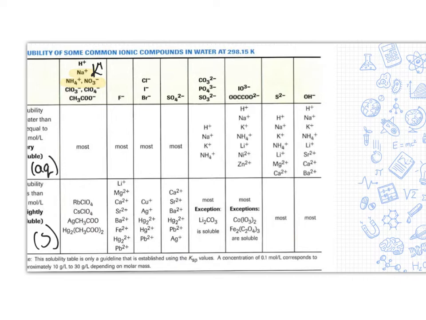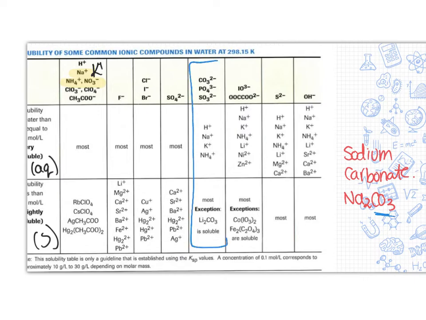For instance, let's look at sodium carbonate. To decide if that is soluble or not, we're going to write its formula, which is Na2CO3. So we're looking for CO3 along the top. So we find it in this column here.